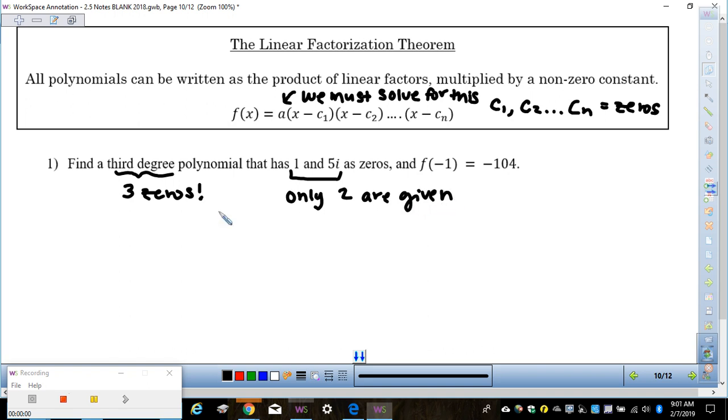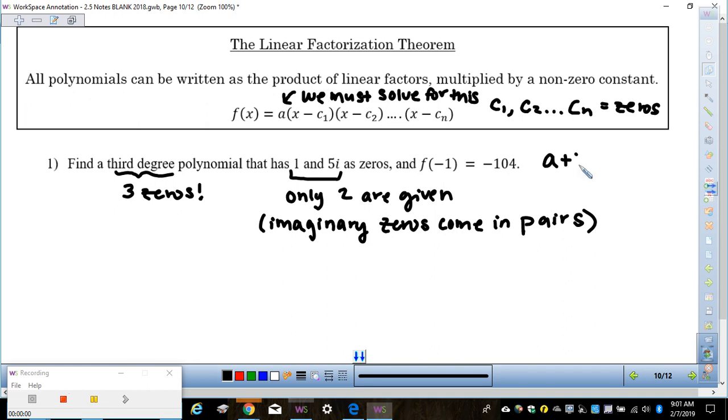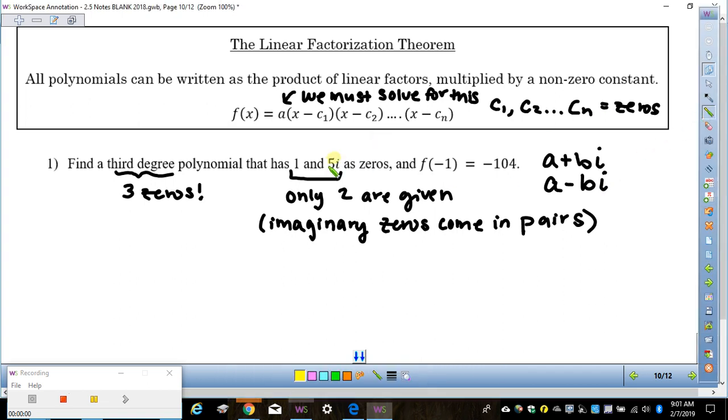So what we need to know is that imaginary zeros always come in pairs. And the pairs are called complex conjugates, a plus bi and a minus bi. Now in this case, the 5i that they've given us appears to be from this one.